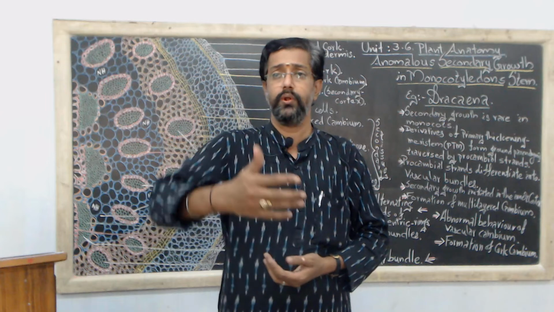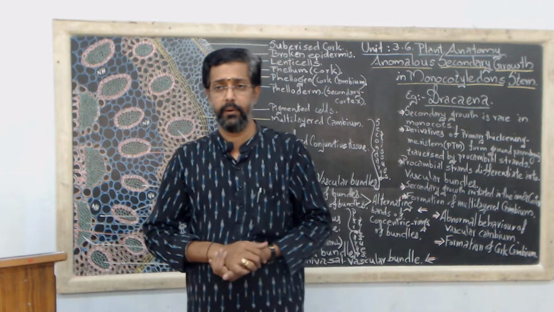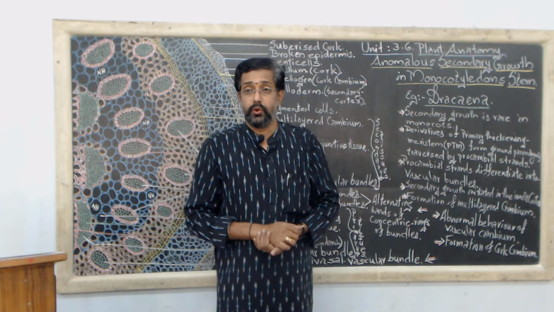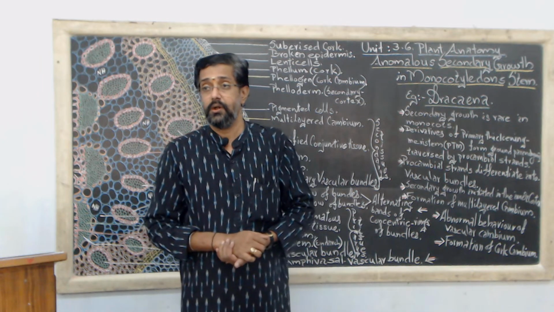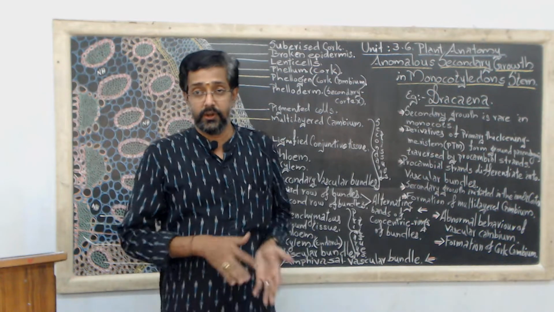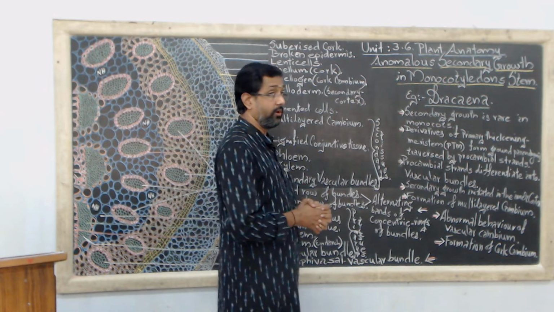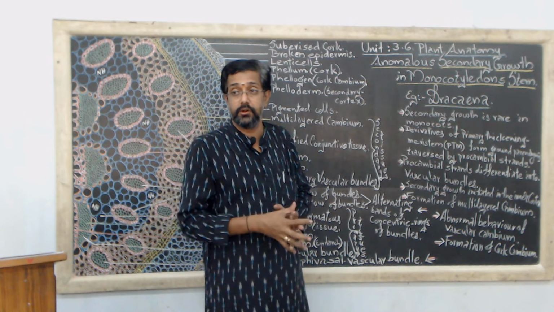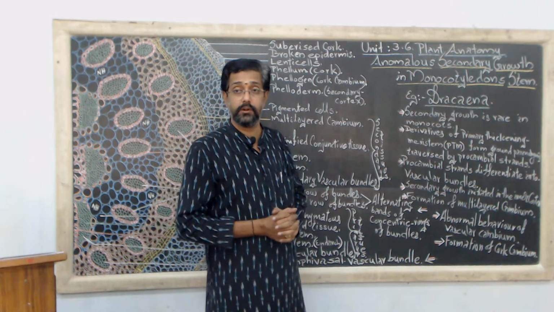Outer to these primary bundles is the ground tissue with parenchymatous cells, dispersed in the outer and cortical region, which show the formation of such cambial cells.